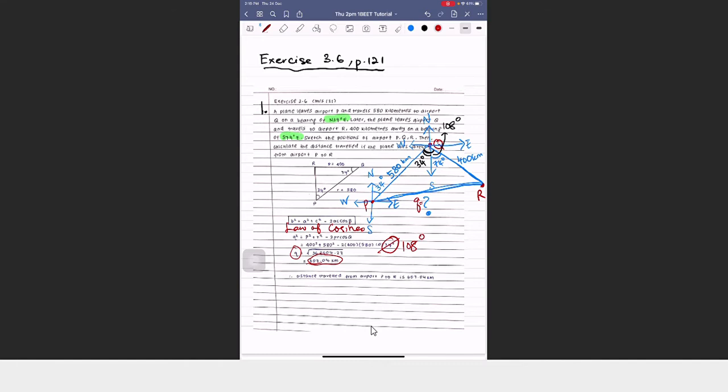So Fatiha, can you compute this again? Can you give me the right answer? You just compute the square root of 400 squared plus 580 squared minus 2 times 400 times 580 times cosine 108. Or you can take the square root later.